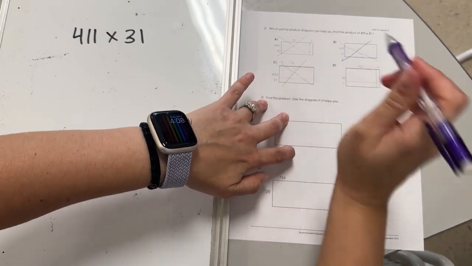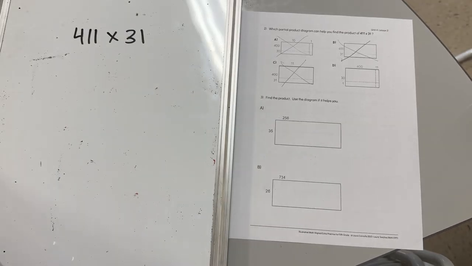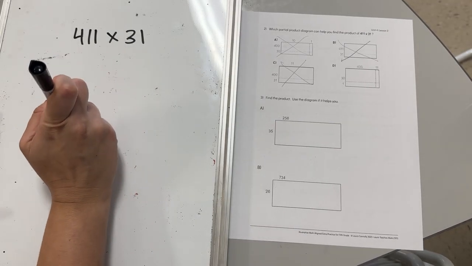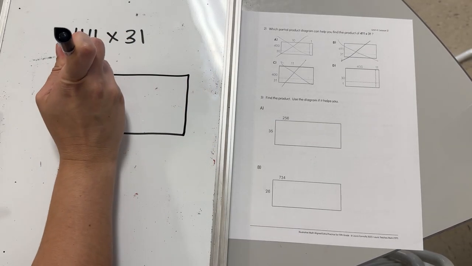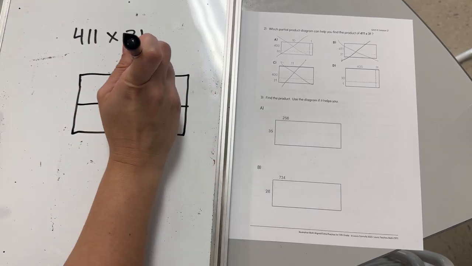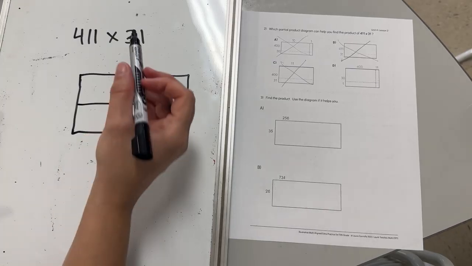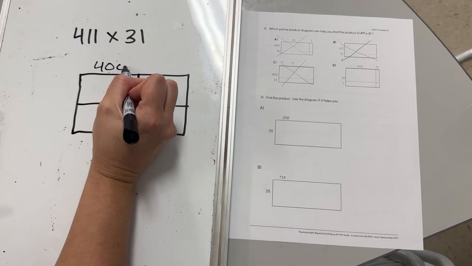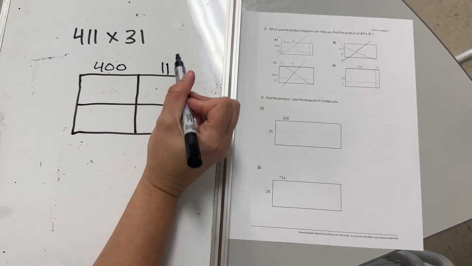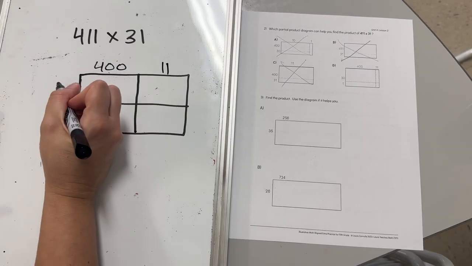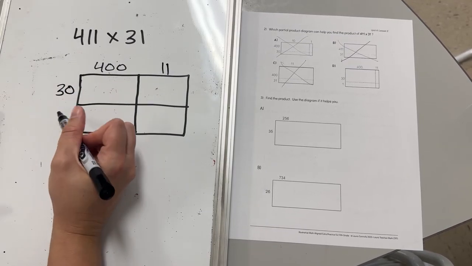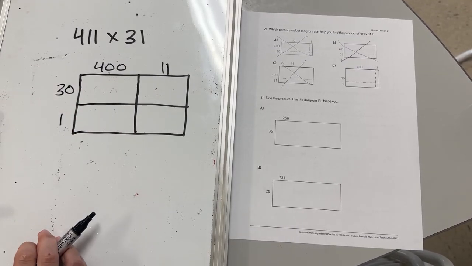Let's go ahead and look at D and figure out why it is that D works. So for D, I can see that it's split one line across my horizontal side, one line vertically, and I have 411 on the top, and I have 30 and 1 on the side.